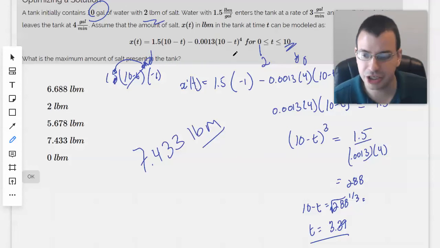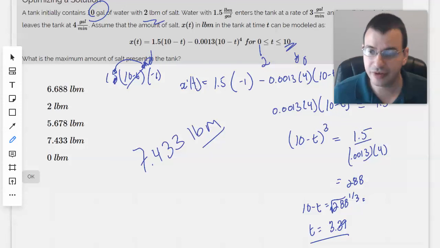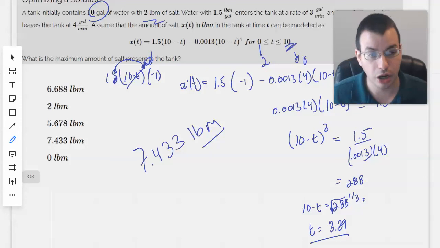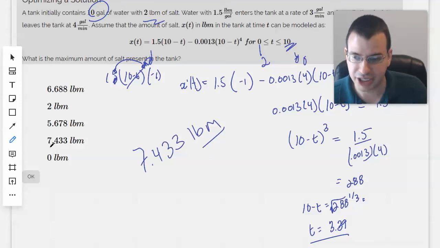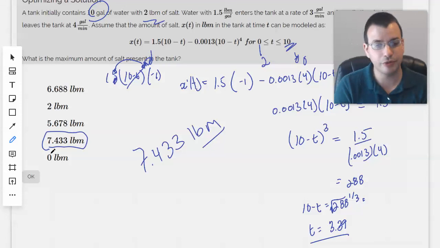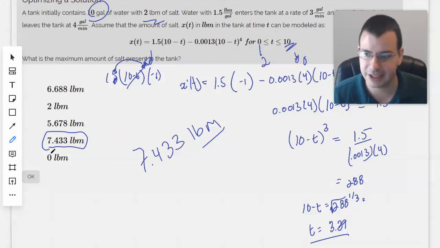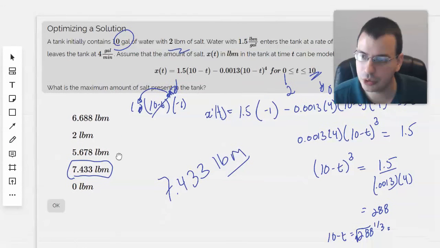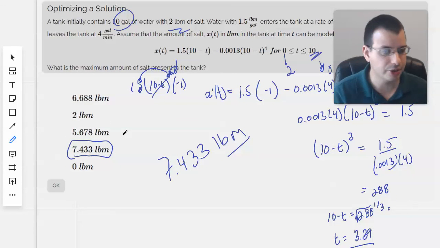After plugging in the initial and final, we found that both were lower than the point we found, which is 7.43. At time 3.39 minutes, there are 7.43 pounds of salt in the tank. That's how we would solve this sort of optimization problem.